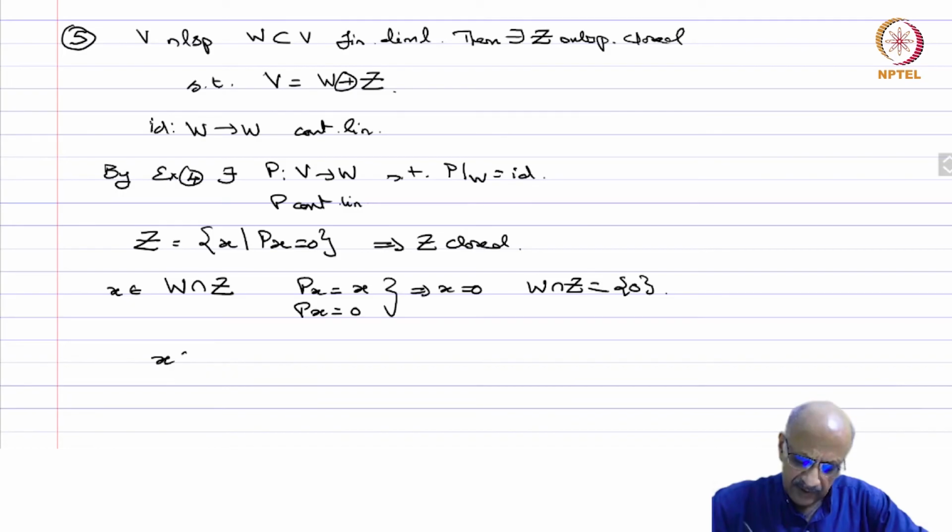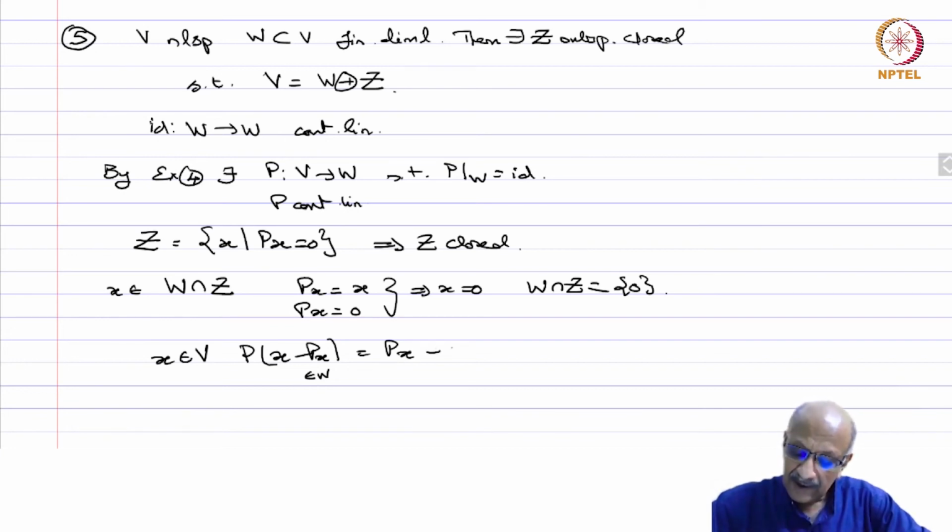Now you take any x in V and look at x minus Px. Recall that Px belongs to W. So if I apply P to this, it is equal to Px minus P of Px, but Px is in W, P is the identity, and therefore again you get Px minus Px, and that is 0. So x minus Px belongs to Z.